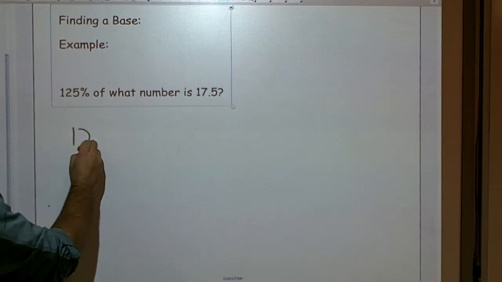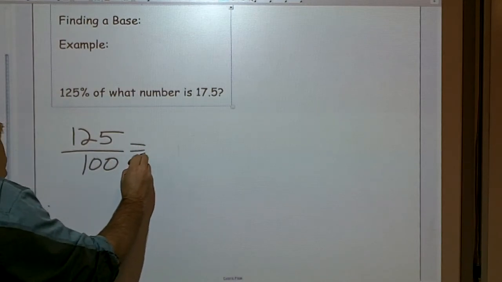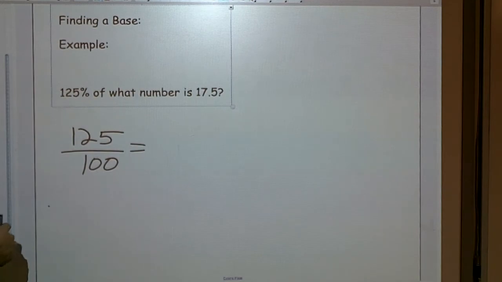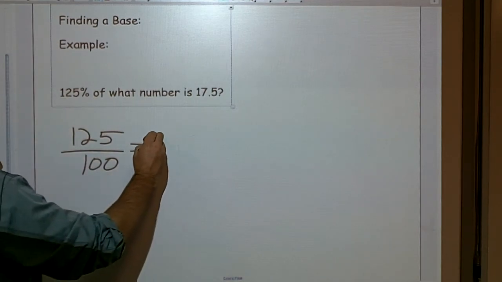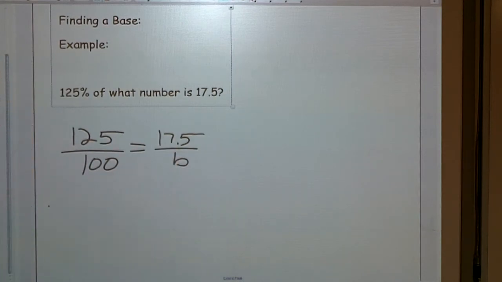So 125% over 100 is equal to, well, our part is 17.5, and we're trying to solve for our base, or bigger value. Okay, so equals 17.5 over our base. We're trying to solve for that base.